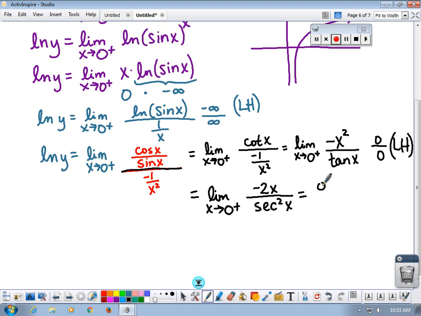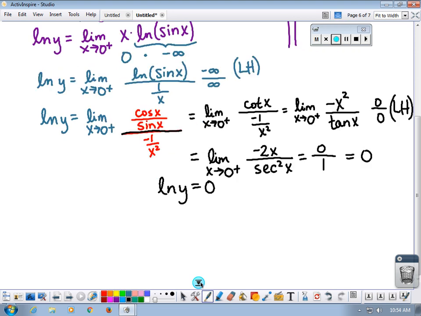We get 0 in the numerator. Well, secant of 0 is 1 because it's the reciprocal of cosine, and cosine of 0 is 1. 1 squared is 1. So we do get 0. So we got somewhere. Remember though, this is natural log of y equal to 0. And so that means y would equal e to the 0, which equals 1.